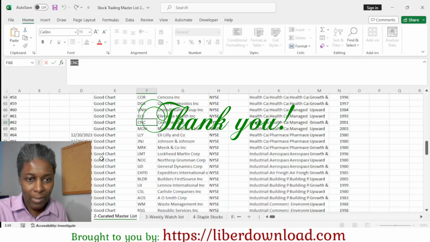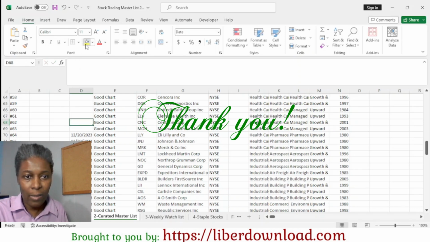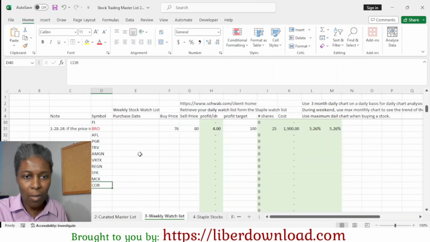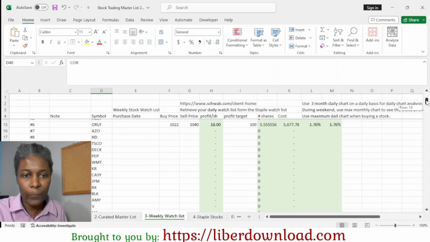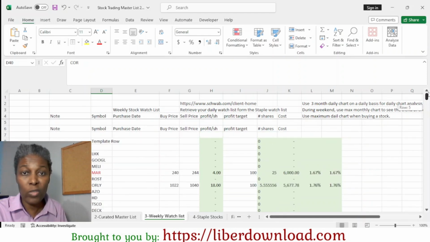So that is, I'm just going to put a mark where I stop, and I have a few more to go to create our list for the week, and that is the list that I will be dealing with on a daily basis throughout the week to see if something is at the right spot on the trend line for us to buy some shares.